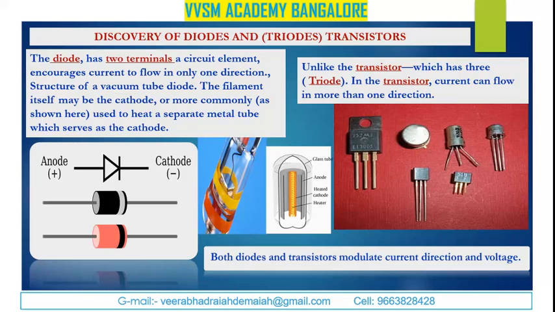Of course, in diodes it is only a single direction, monodirection, unidirection, only one direction. But in triodes, it changes in more than one direction: forward, backward, or in another terminal.